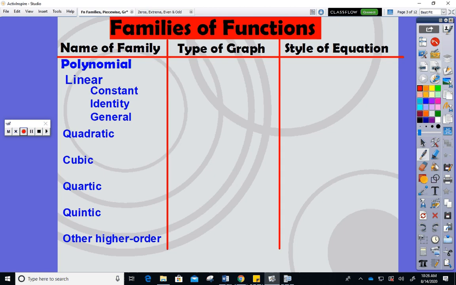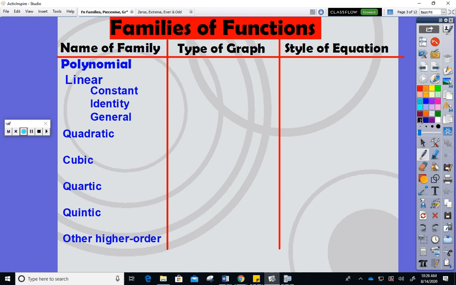Now, the big new thrust of today's lesson is to start recognizing families of functions and matching them with their equations and their graphs. So when I look at polynomial functions, I can have linear, quadratic, cubic, quartic, quintic, and higher. So of course, linear functions are pretty easy to recognize.